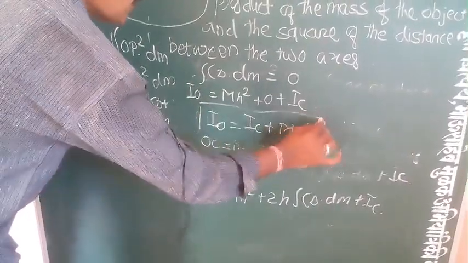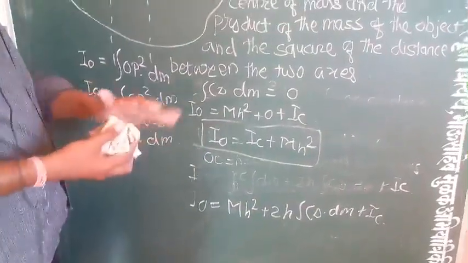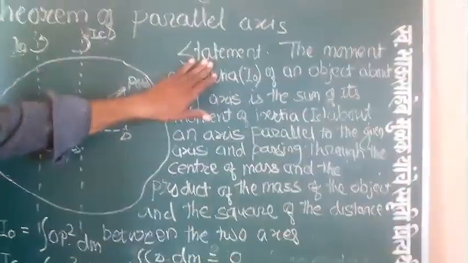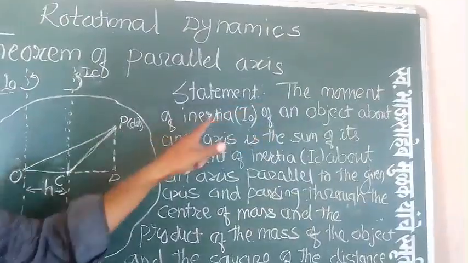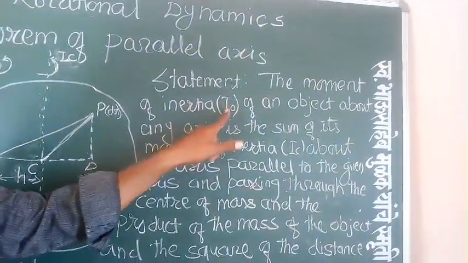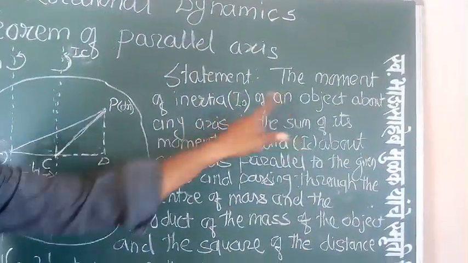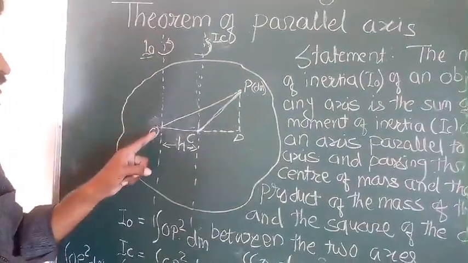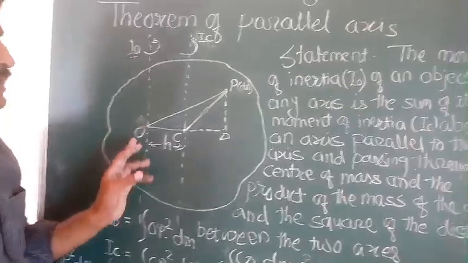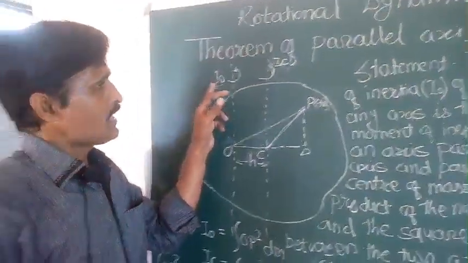So this is the parallel axis theorem. The statement of the parallel axis theorem is: the moment of inertia, that is IO, of an object about any axis. We have taken that the axis is passing through the point O, so its moment of inertia is IO.